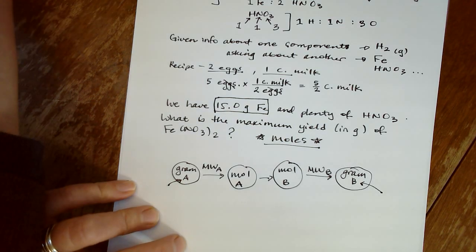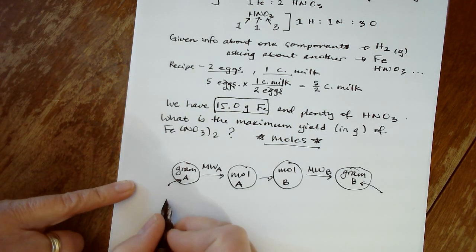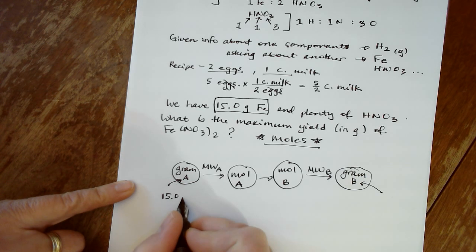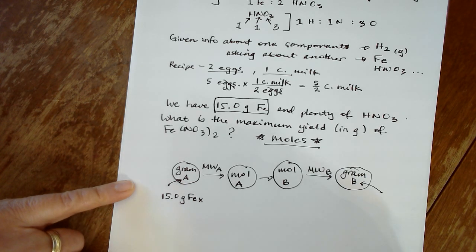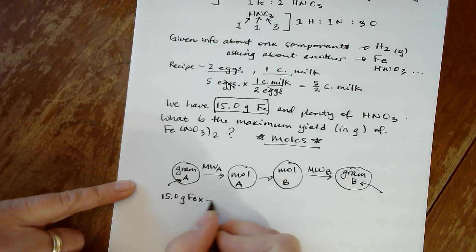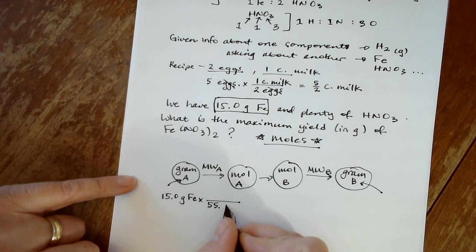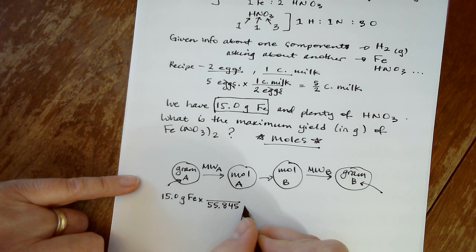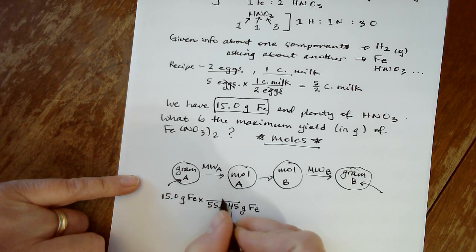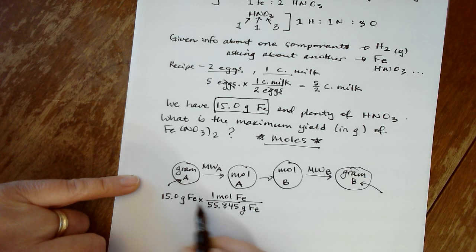Okay, so hopefully you can see that it is the iron that we are initially talking about here. So we're going to start by putting in our grams of iron. And then you should grab your periodic table and look up the molecular weight of iron. I'm going to do that right now. So I've got my periodic table handy, and I see that it's 55.845 grams per mole, and I know that I need to put the grams in the bottom so that the grams will cancel out.